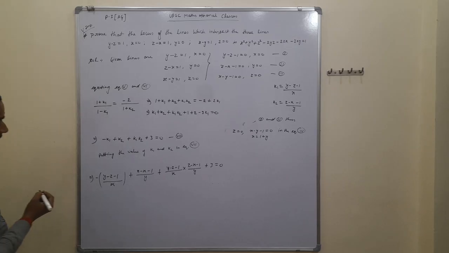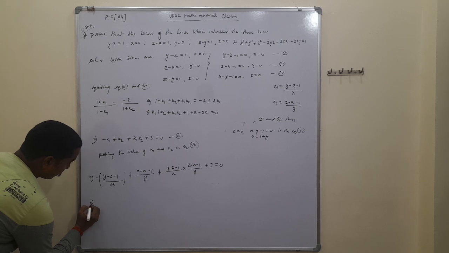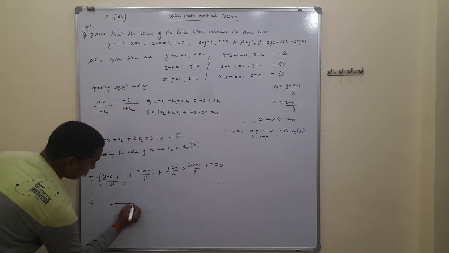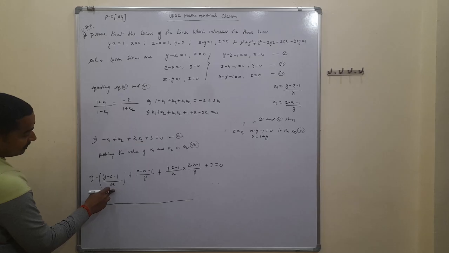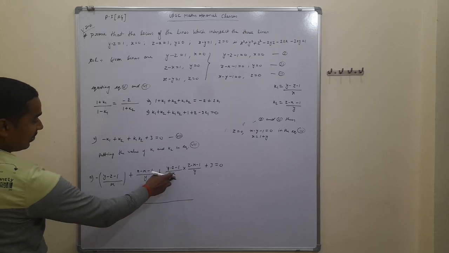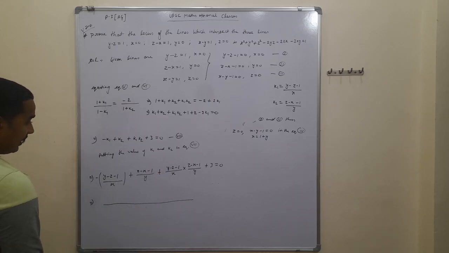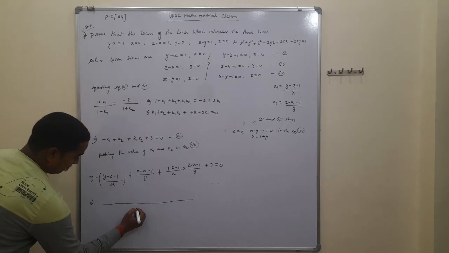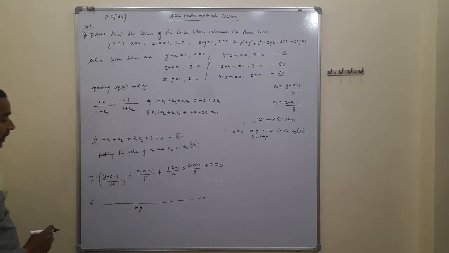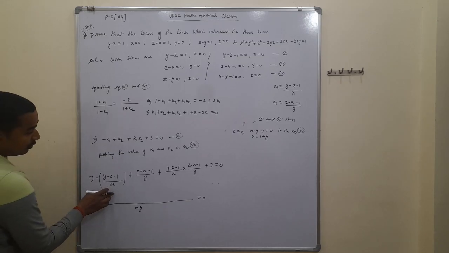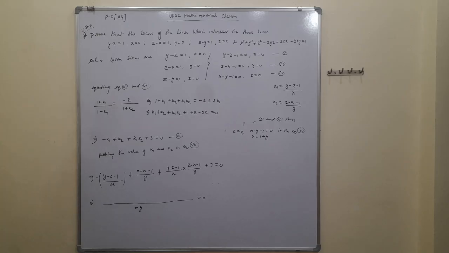We have to take the LCM first, that is xy. Here we take the LCM xy, and from here there is x and there is no y, so we have to multiply it with x.